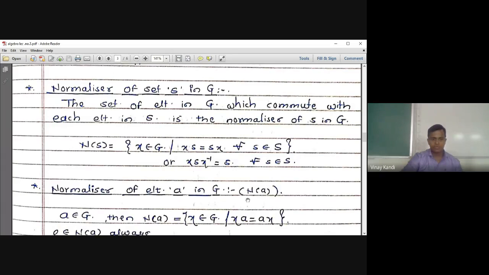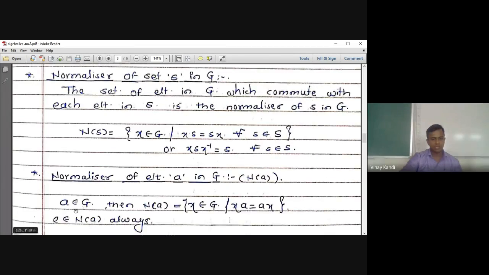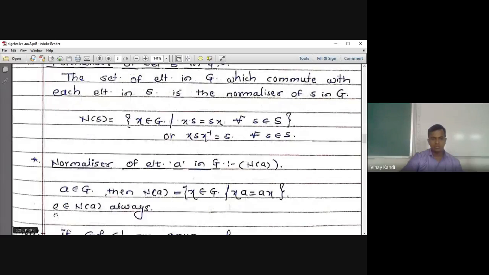Take any element a belongs to G. Then N of a is equal to x belongs to G such that xa is equal to ax. E belongs to N of a always. Why always? Because e commutes with every element in a group.